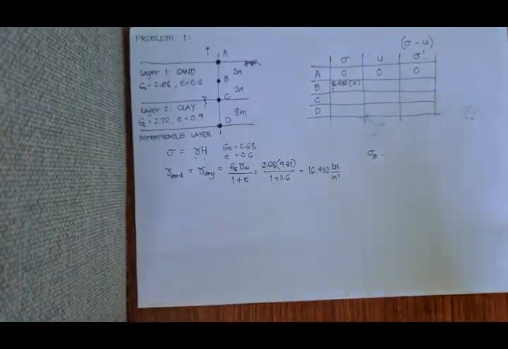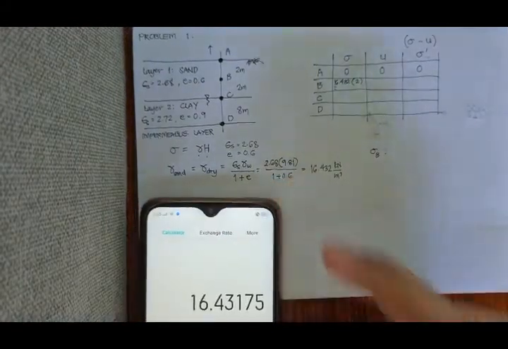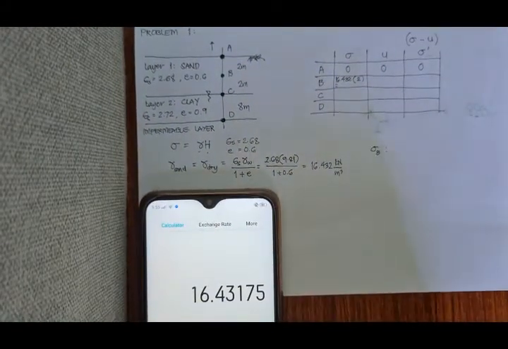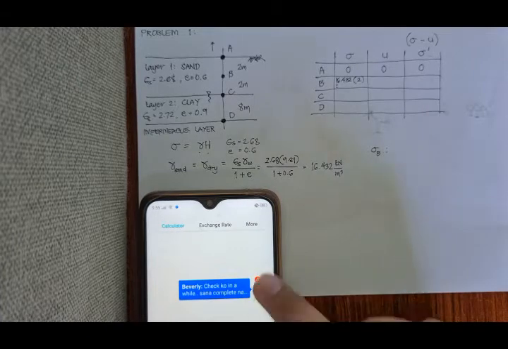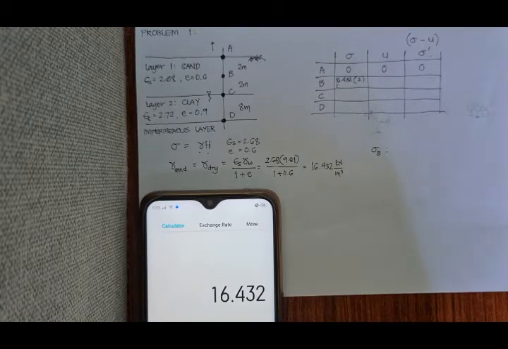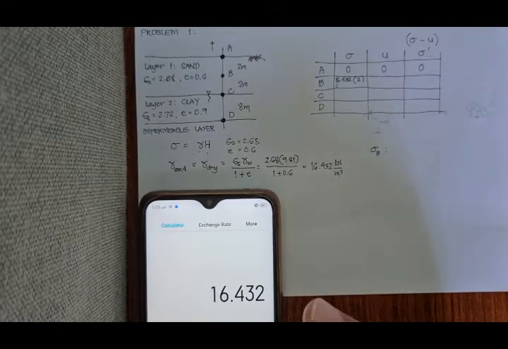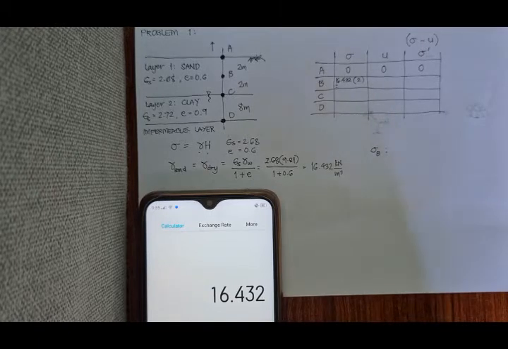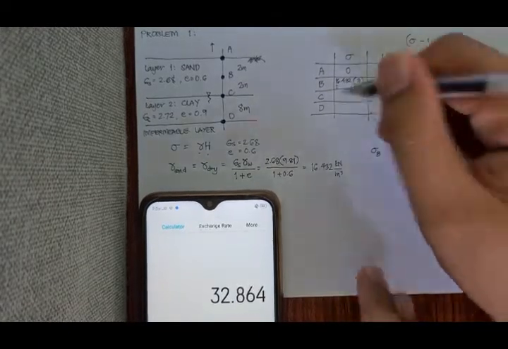Or, equal to ilan? So, 16.432 times 2. Meron tayong 32.864.